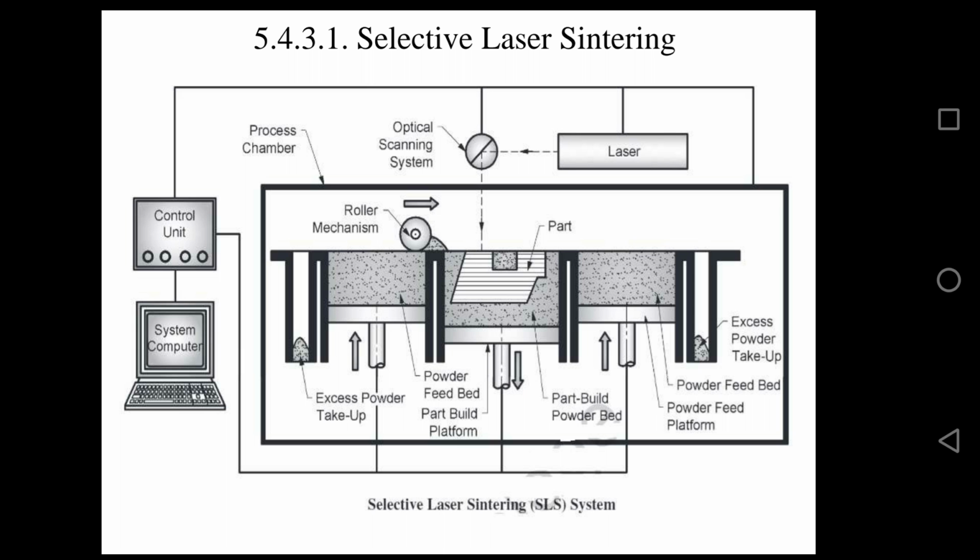Next, what happens after scanning and sintering one layer? The part build platform is lowered by a depth equal to one layer thickness, same as stereolithography, only the material is different. A roller mechanism then conveys a new layer of material from the powder feed bed on top of the previously sintered layer for the next scanning and sintering process.